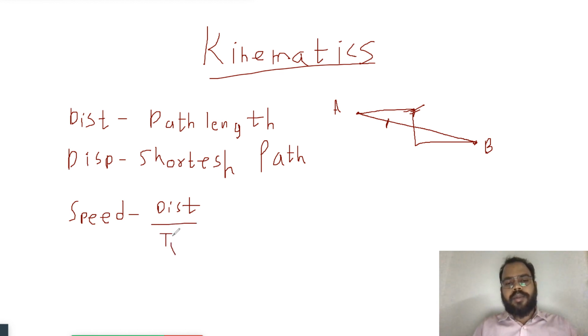I will write speed as distance divided by time. Now there is one more term that you want to consider, that is velocity. So what is velocity? Velocity is simply displacement per unit time. I'll write velocity as displacement divided by time.